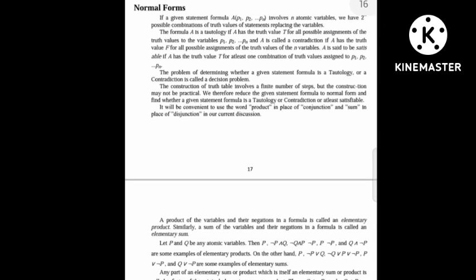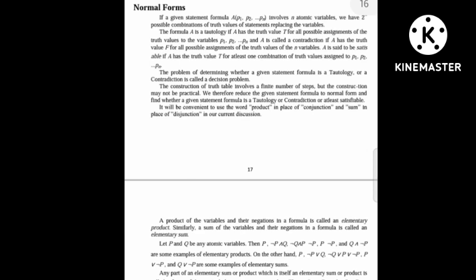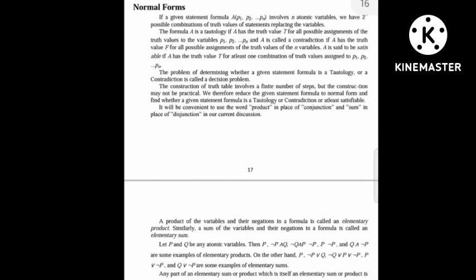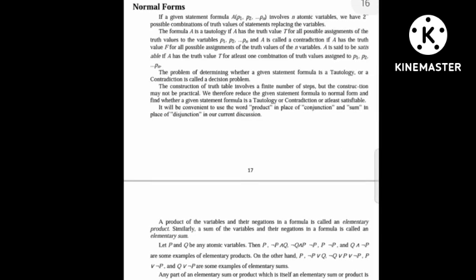Then P ∧ ¬Q, ¬Q ∧ P, ¬P, and P ∧ ¬P and Q ∧ ¬P are some examples of elementary products. On the other hand, P ∨ ¬P, Q ∨ ¬Q, and ¬P ∨ Q are some examples of elementary sums.